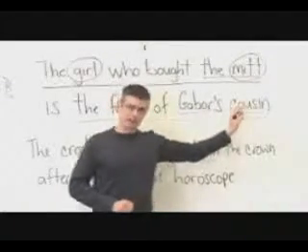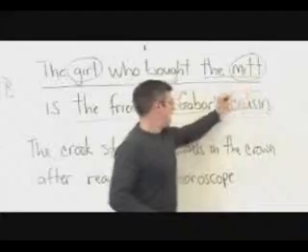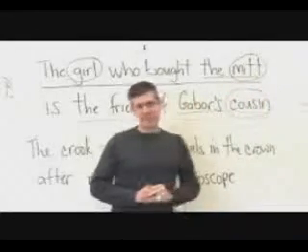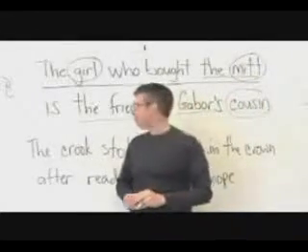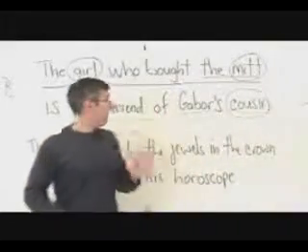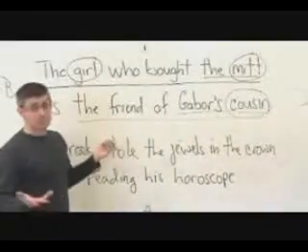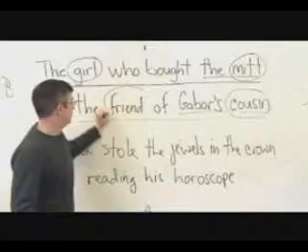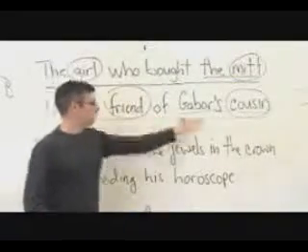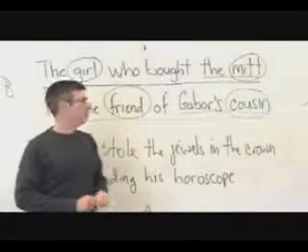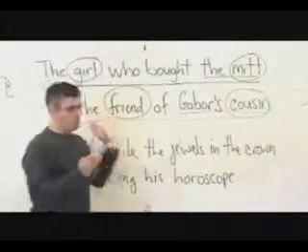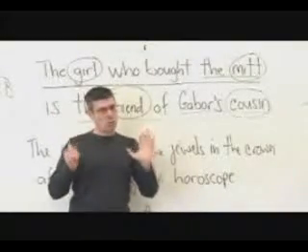Similarly, Gabor's cousin, that's a nominal phrase, and cousin is the head of that phrase. The friend of Gabor's cousin, friend is the head of that longer nominal phrase. So one phrase, one head.